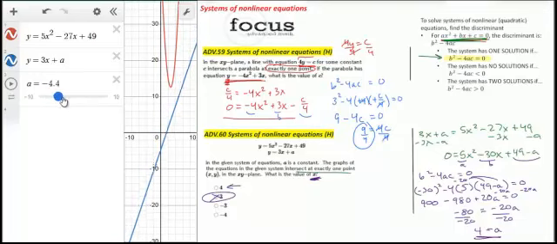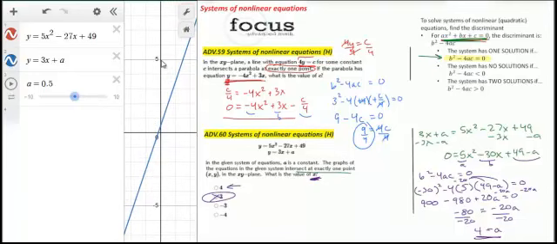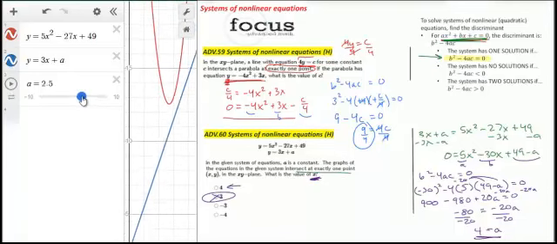So as I move to the left, it gets further away. So let's zoom in to see when they actually intersect, and I keep sliding it.